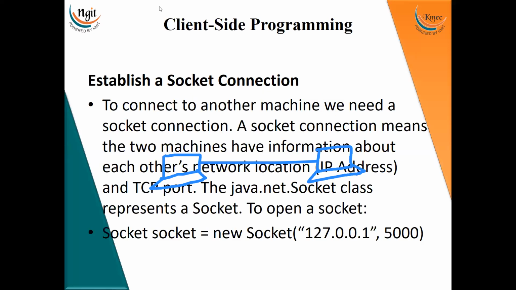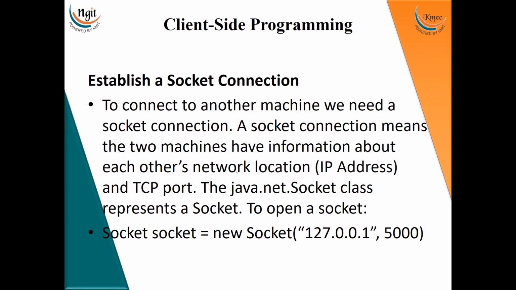Now we are going to establish a socket connection. To connect to another machine, we need a socket connection. This socket connection means the two machines have the information about each other's network location.